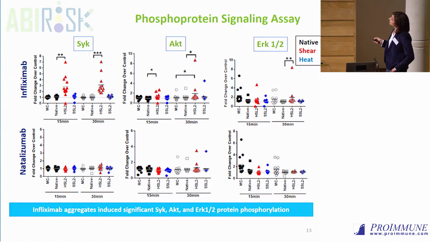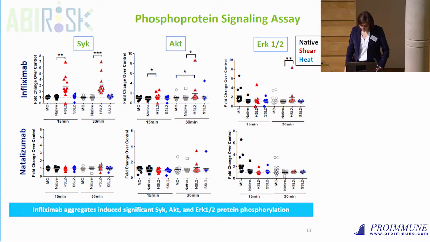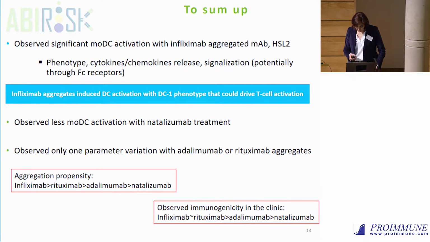Whereas with natalizumab, there was no significant increase of these phosphorylations. So to sum up this first part, we observed significant DC activation with infliximab aggregates, which was the antibody that showed the best propensity to form aggregates.